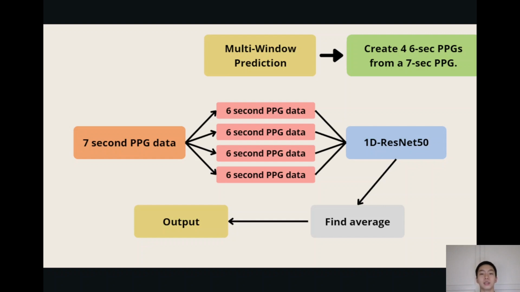We train the LeNet model using the created 6-second PPG segments with randomly selected samples. We then test the model by predicting blood pressure four times, once for each of the four 6-second PPG segments, all associated with the same time duration. The predicted blood pressure will be the average of the four predictions, using both mean and median as averaging methods. I will go into further detail later in the slides.